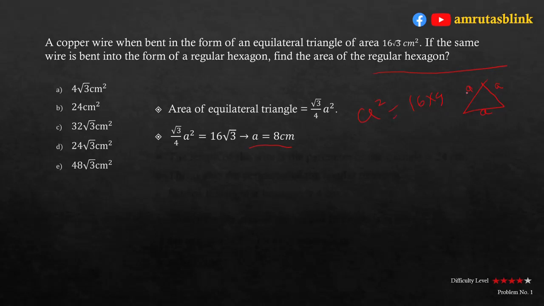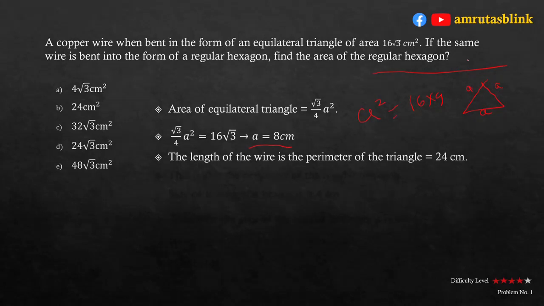Now, if the same wire is bent into the form of a regular hexagon, when the side of the equilateral triangle is 8 centimeter, the perimeter of the equilateral triangle will be 8 into 3, that is 24 centimeter. So the given copper wire has a length of 24 centimeter.